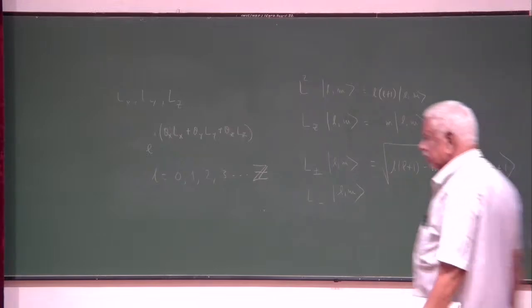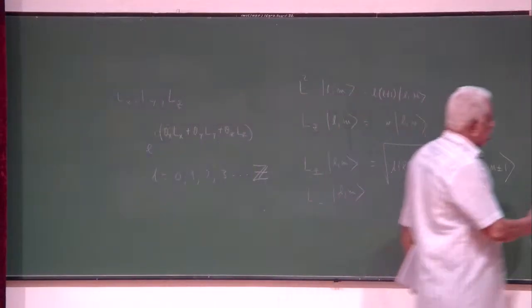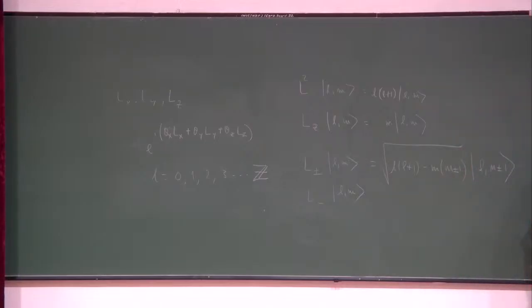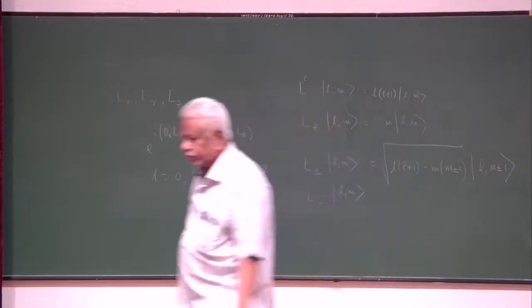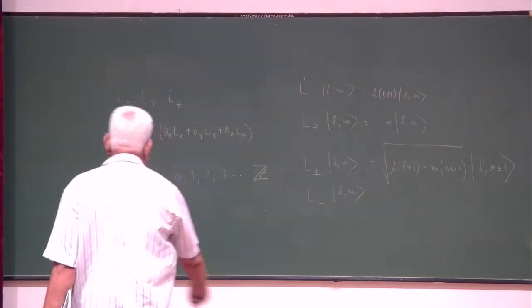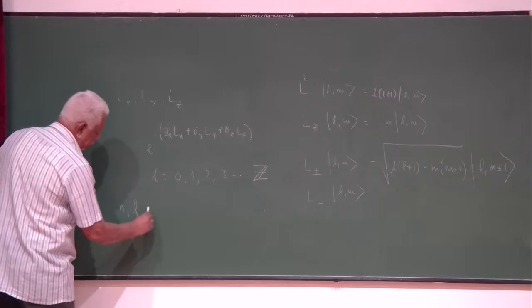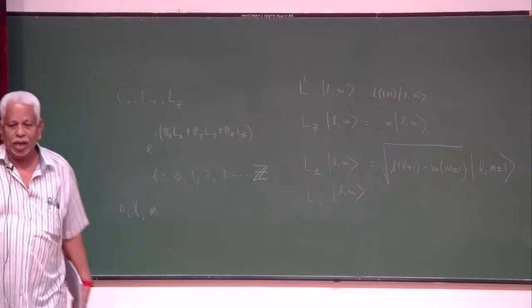Now, I can do one thing. I have to introduce something new, and that something new is what you learn from the hydrogen atom, from the electron. The electron has orbital angular momentum in the hydrogen atom. If you remember, it is n, l, m. n is the principal quantum number, l is angular momentum, m is the magnetic quantum number.